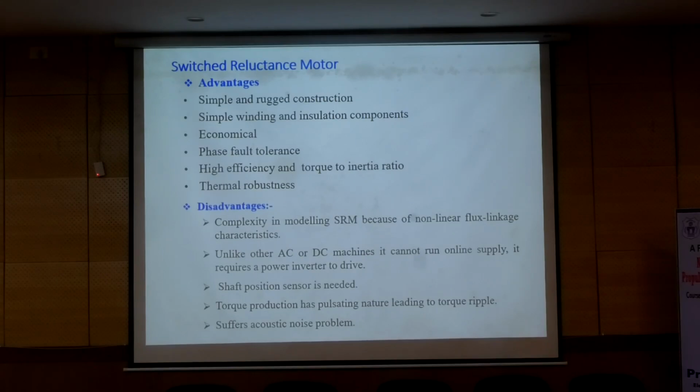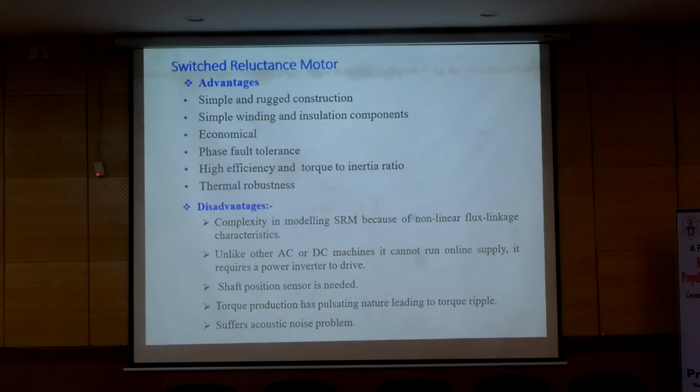But anyway, we cannot forego that, because it's the inherent behavior of this switched reluctance machine, in which the converter is an essential part of the SRM drive. But otherwise the major disadvantage is the torque ripple.